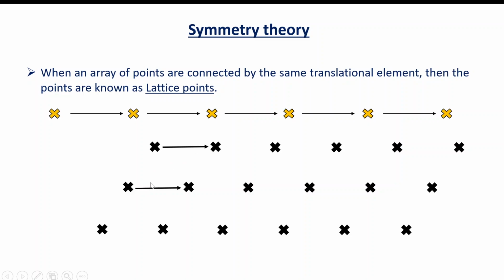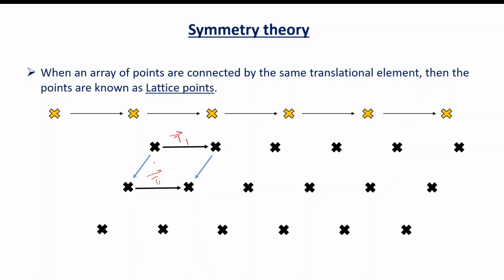Similarly, for this array of lattice points the translation will be the same, because now you are in a two-dimensional lattice net. So, in a particular direction, your magnitude of translation will always be equal. I can write this one as T1, and this one also as T1.